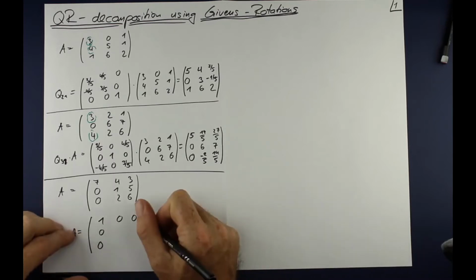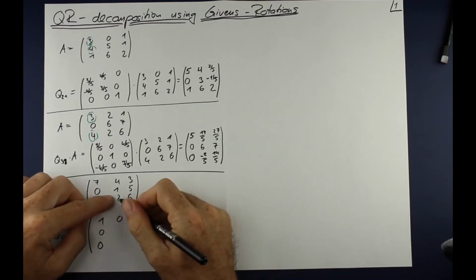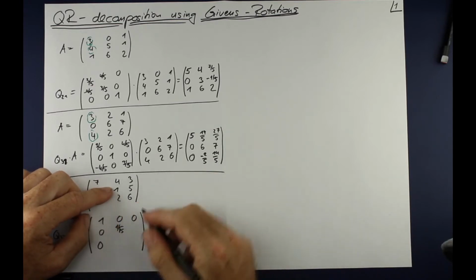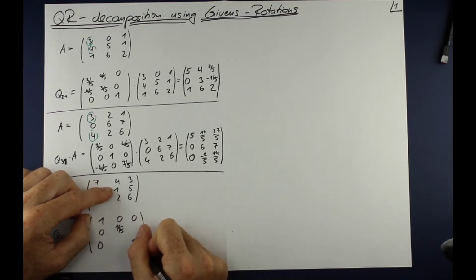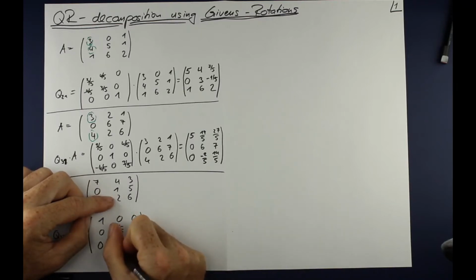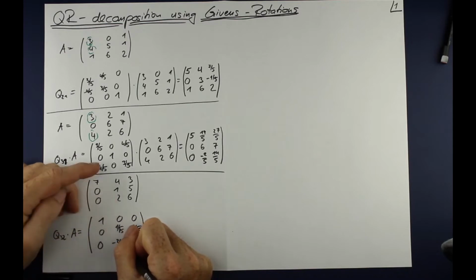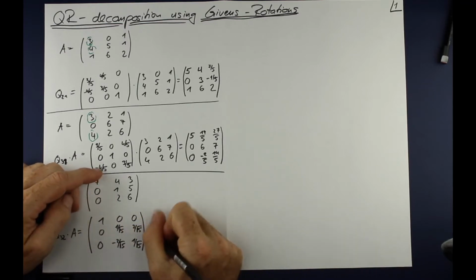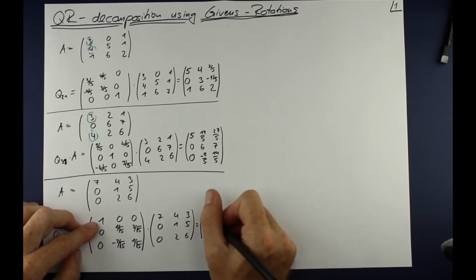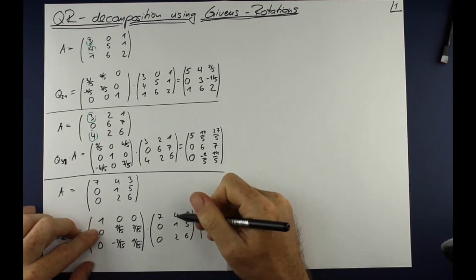What are the entries? This time square root 5, 1 divided by square root 5. Then this entry again here, and then 2 divided by square root 5 and minus 2 divided by square root 5.